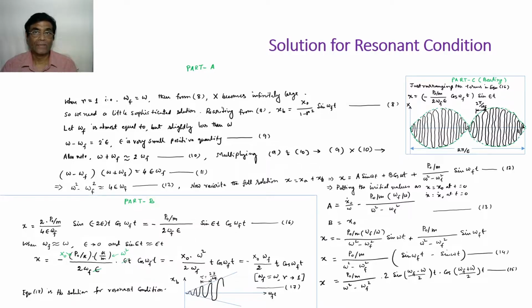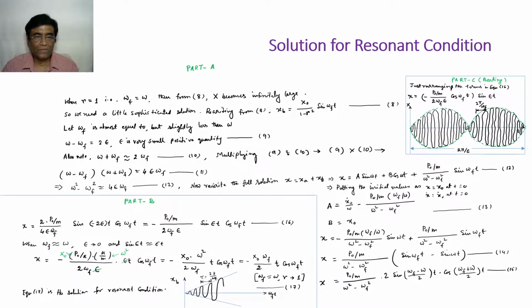Why am I writing 2? Mathematical convenience. You can write 1 also, but afterwards you will see the expression will be the way we want. That's why I have added 2. So what is epsilon? Epsilon is a very small positive quantity, smaller than you can imagine.